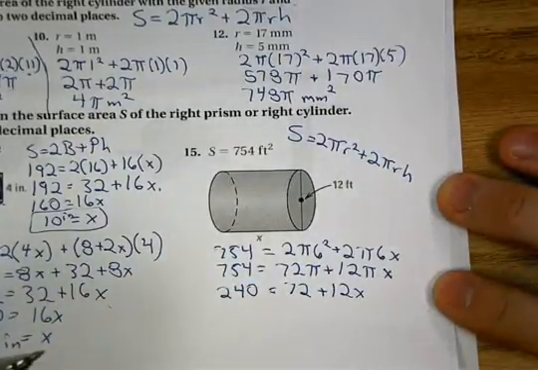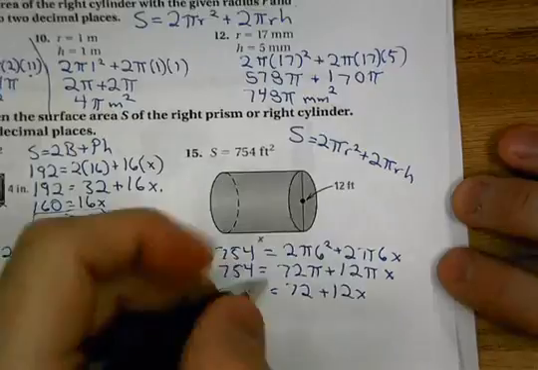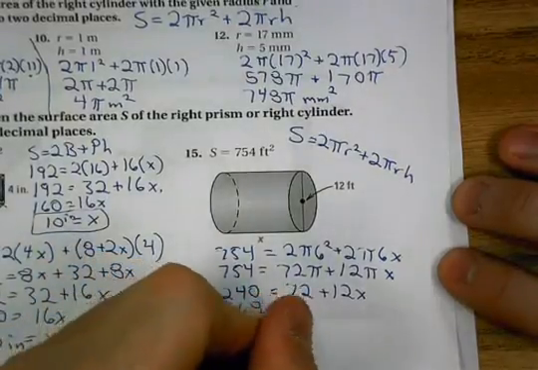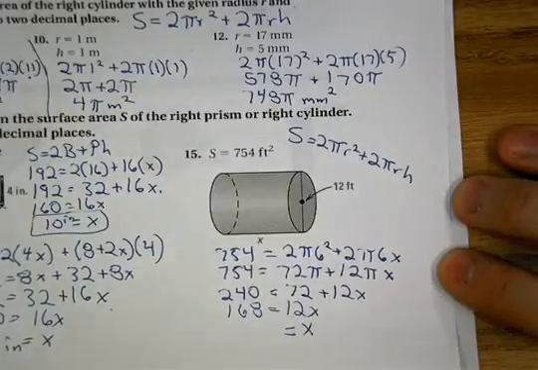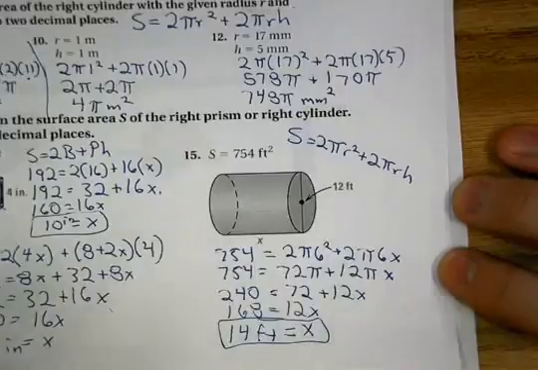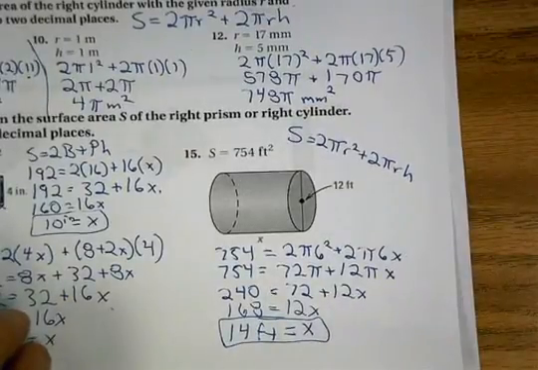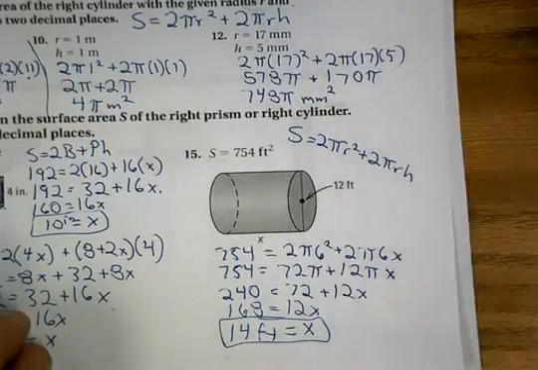So now it's 240 equals 72 plus 12x. I can subtract 72. I get 168 equals 12x, and then divide that by 12, and I get 14 feet. And it is an approximation, and maybe we should have made it 240.01, but we're approximating, and we'll be perfectly fine with that.